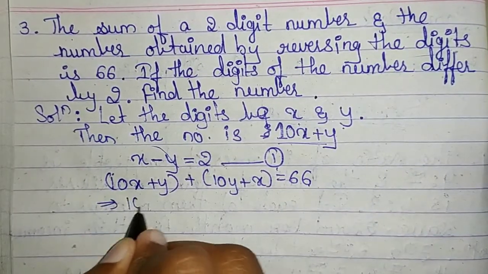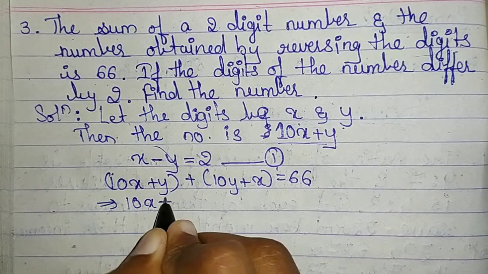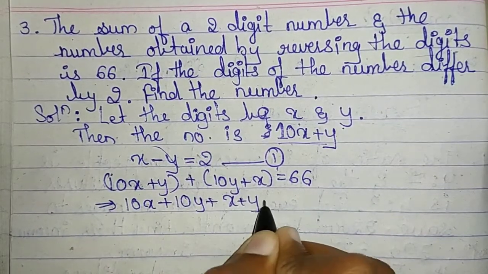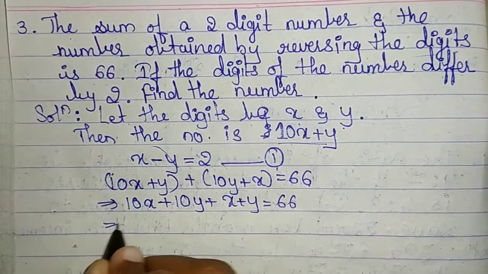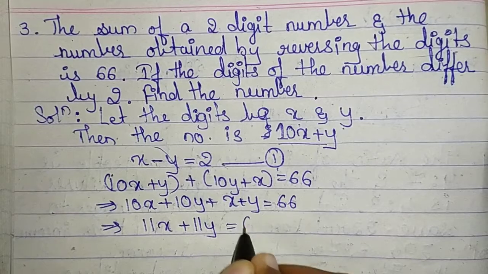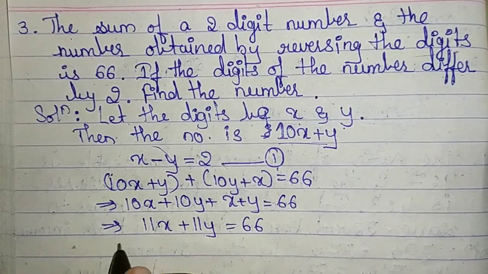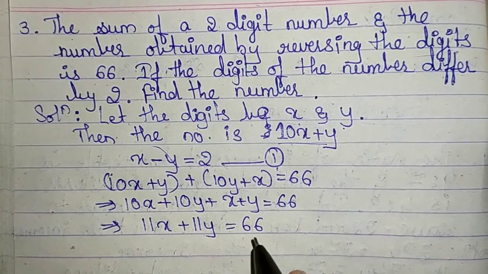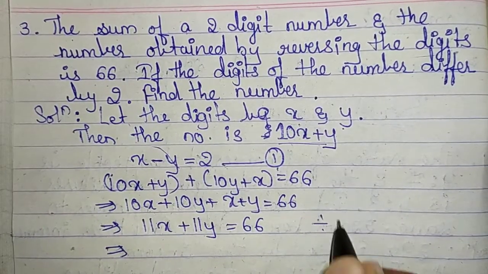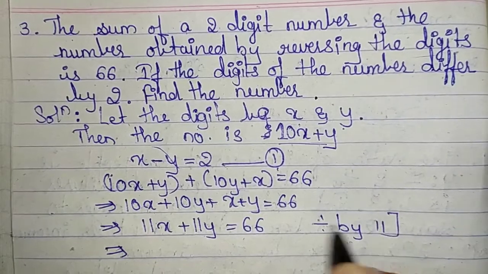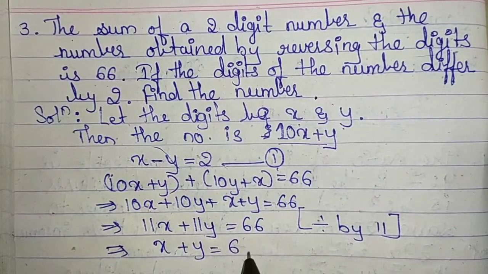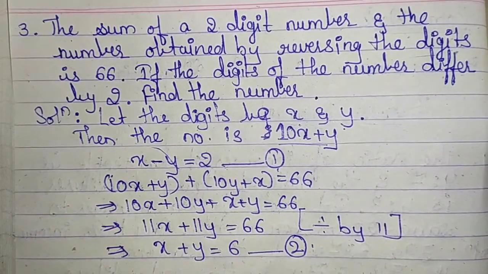This implies 10x plus 10y plus x plus y is equal to 66. We'll get 11x plus 11y is equal to 66. Either you can reduce the equation or keep it as it is. I am going to reduce the equation here. Divide the whole thing by 11. We'll get x plus y is equal to 6. This is our second equation.